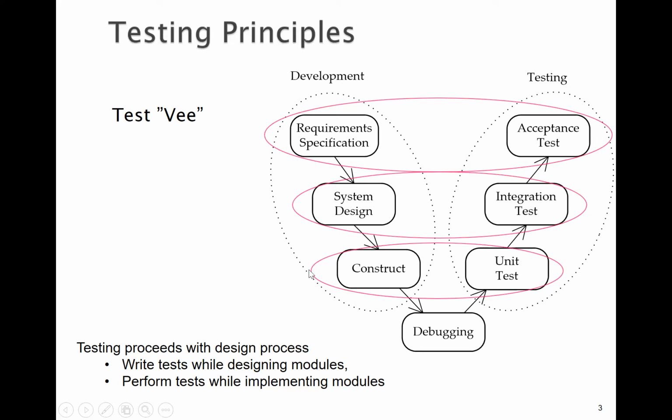For example, when we are developing requirements, we have to think about acceptance test because the requirements are somehow derived from the customer need, either as engineering requirements or marketing requirements. And usually, when we talk about acceptance test, we somehow use or refer to engineering requirements.